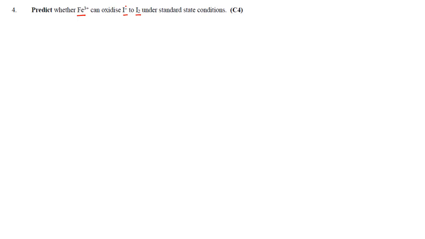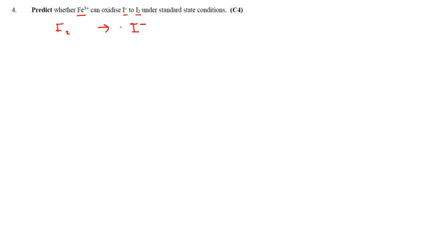But before kita proceed dengan ni, what you need to know is the half equation untuk Fe3 plus dengan I minus daripada kita punya standard reduction potential table tu. So tak apa, terus bagi dulu equation. Nanti you refer back to the table. For example kita punya iodine becomes I minus. Ini half equation yang ada dalam table tu.